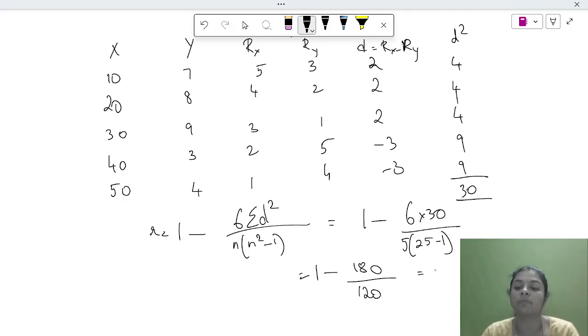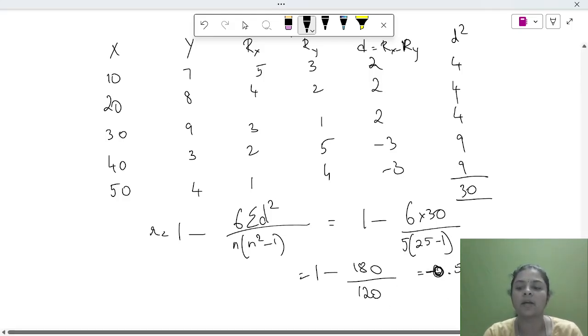So 1 minus 1.5, which is minus 0.5. So this is about rank correlation without ties.